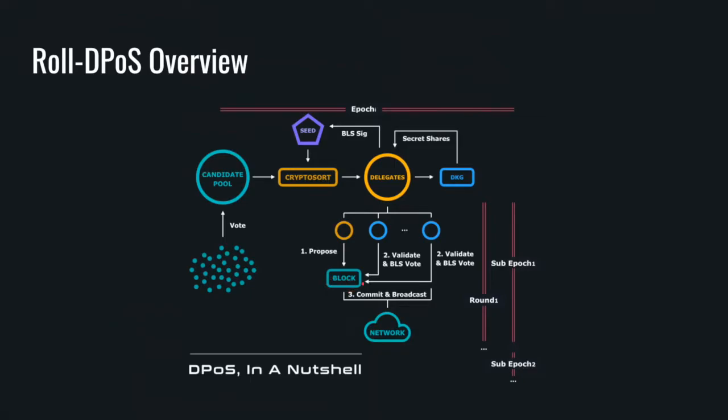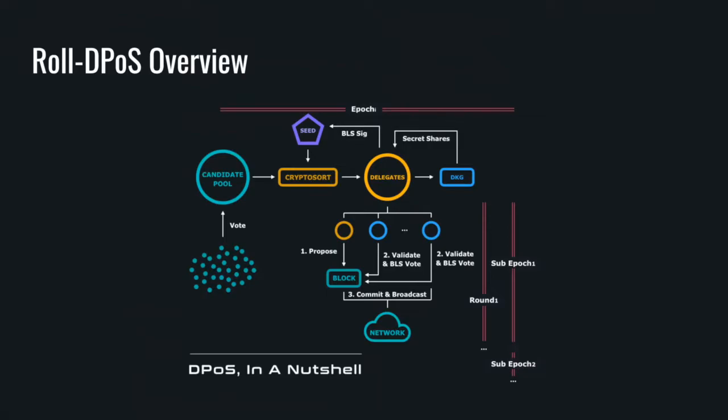Once the block reaches consensus, it will be committed and broadcast through the network. And then we do it again and again. Every epoch, we will change the delegates that are doing the block producing.